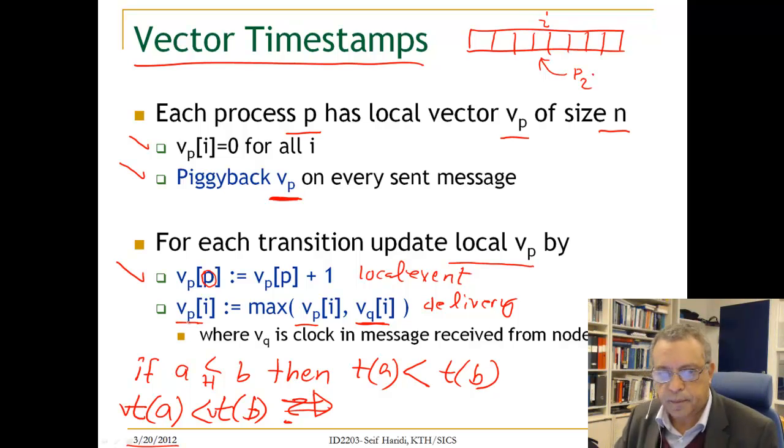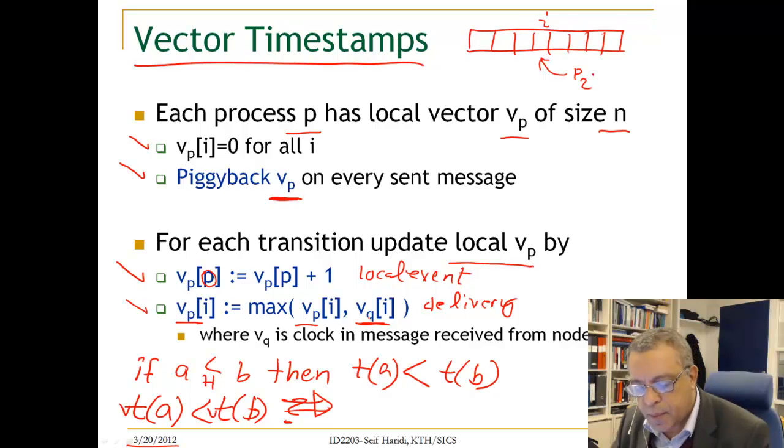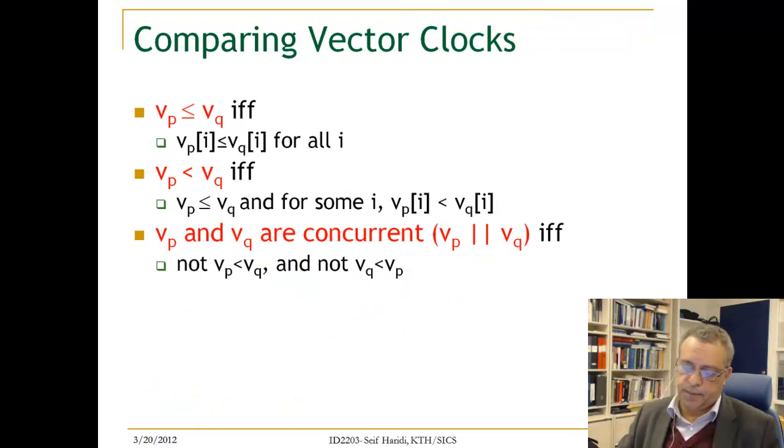What we get is an updated vector which knows, at least as a count, the events that process Q knew about before. You can see this here.